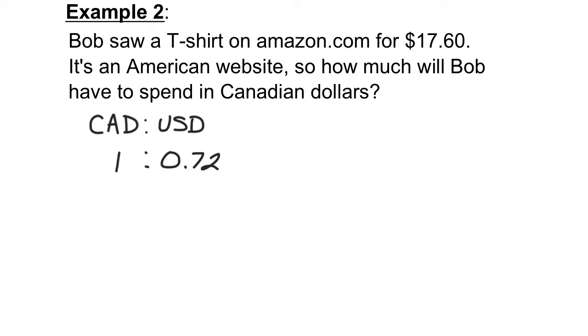We know that his shirt is $17.60 on an American website, so this is in US dollars. So we're going to put that on the US dollars side, and we don't know what the Canadian dollar amount is, but we can figure it out. Cross multiply, so 1 times 17.60, and then divide by the 0.72 left over.